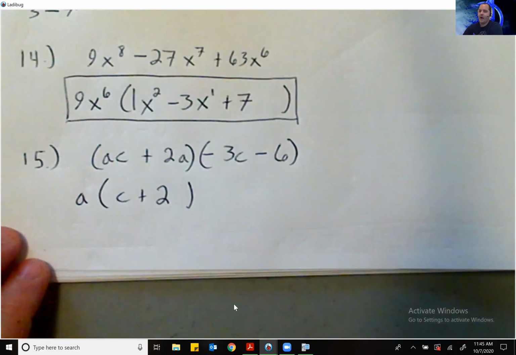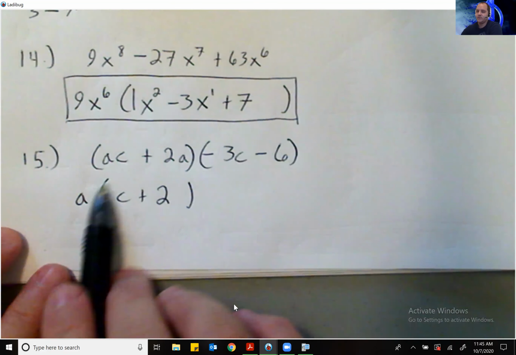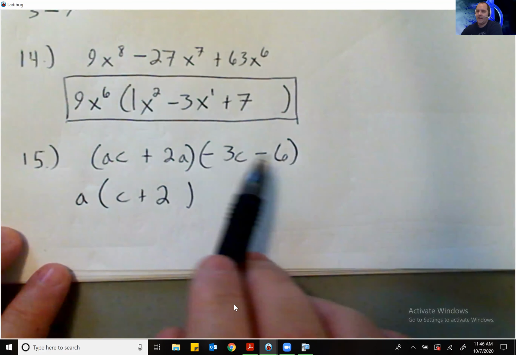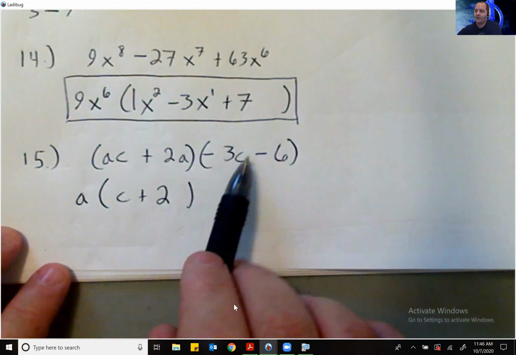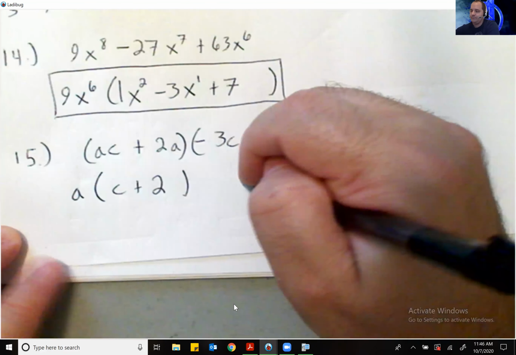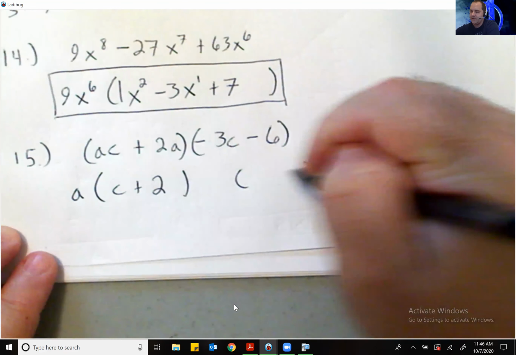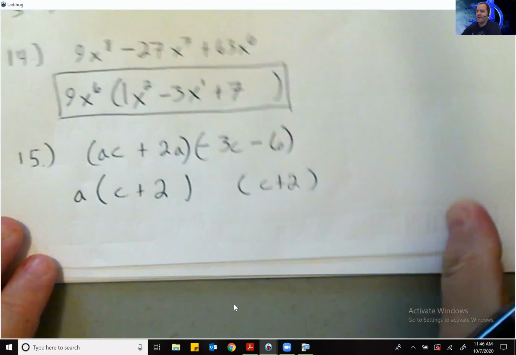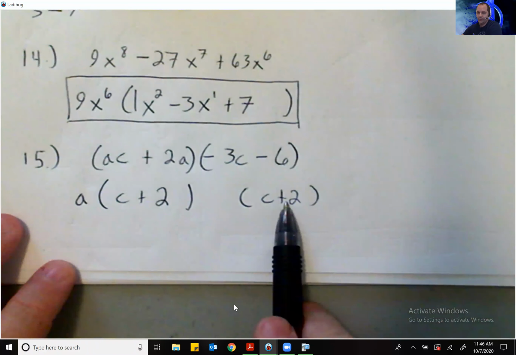Now, what's cool about grouping is that whatever GCF I pull out of the second parenthesis, it has to leave me with the same parenthesis. This has to be C plus 2.